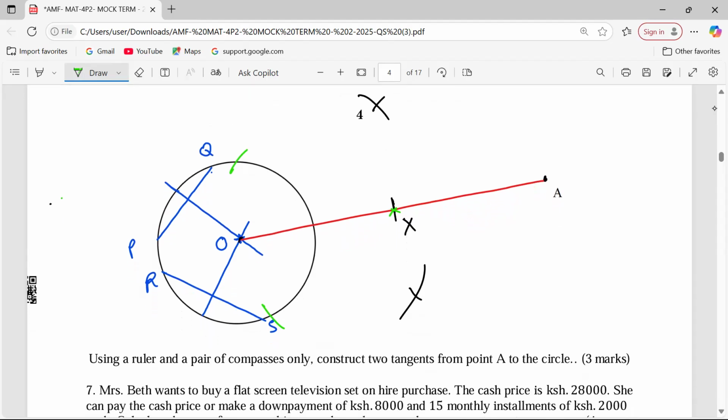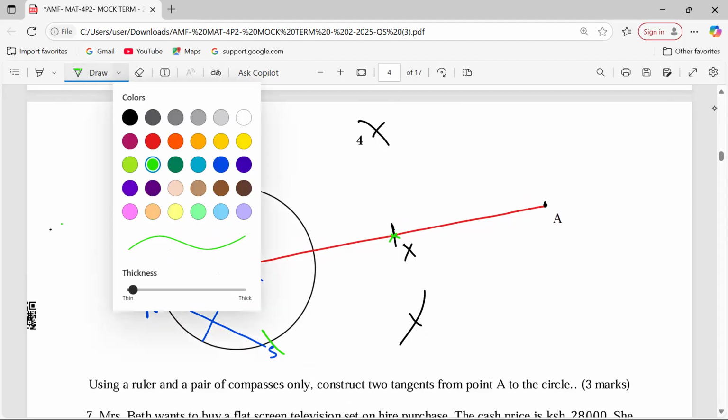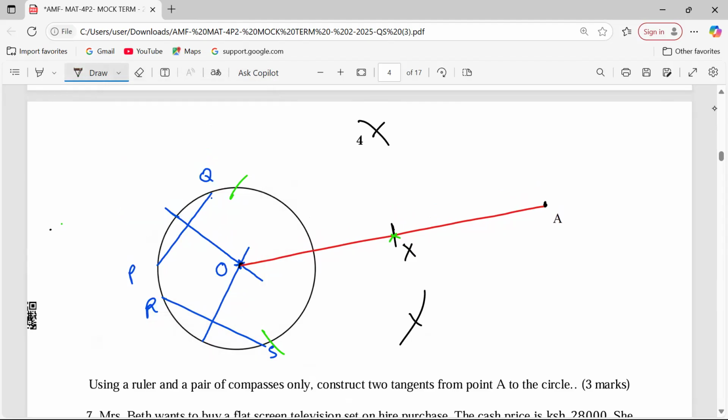So now if I make those arcs, I'm supposed to join them to point A. If I join them to point A, I will have obtained the desired tangents from the external point. Look at that.